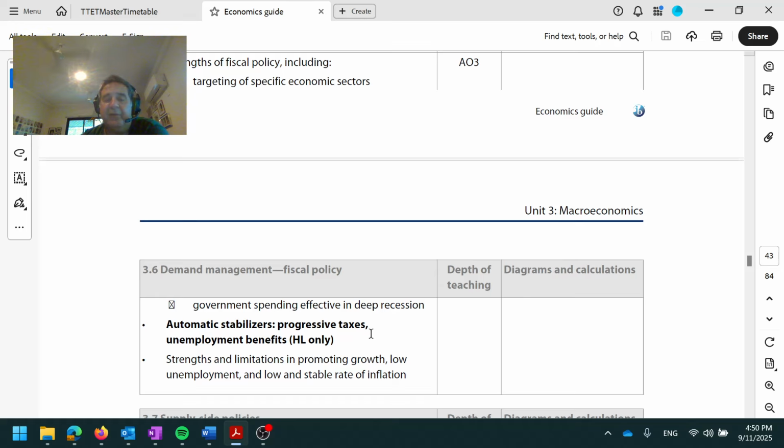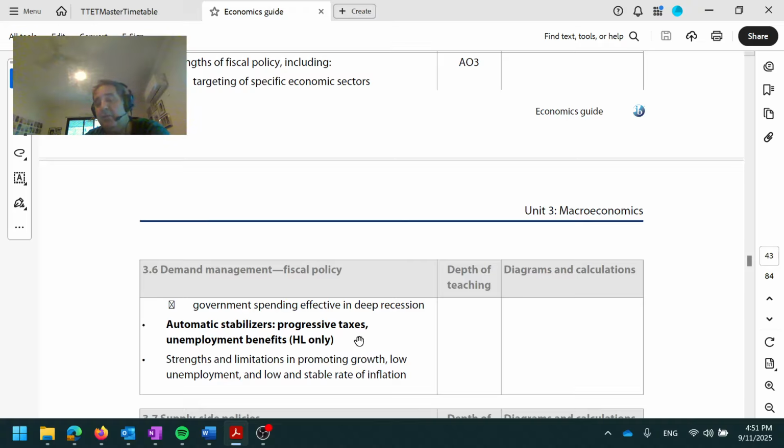Automatic stabilisers, absolutely know that because it's HL only. It could be implicit, in the sense that you could bring it in as part of a conversation on paper 1, part B, or there might be a 2 or 4 marker, maybe a 4 marker on paper 3. So how do progressive taxes work?